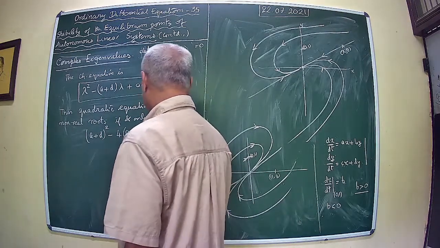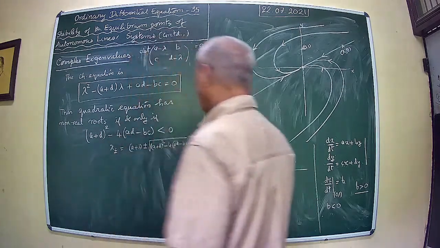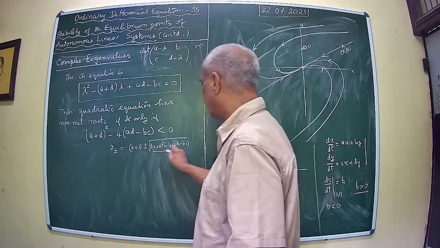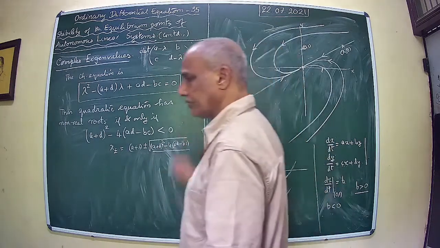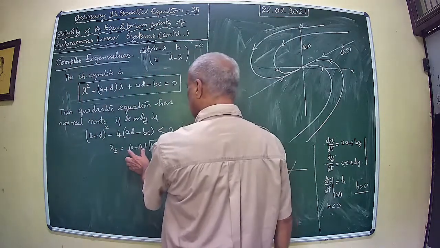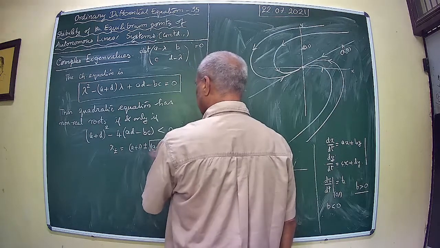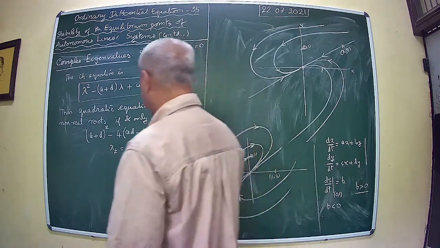These are the roots, and this is complex if the discriminant is negative. So that's the condition that we have put. The real part of the root is given by (a plus d) over 2, and the imaginary part is given by the square root of this in that case.